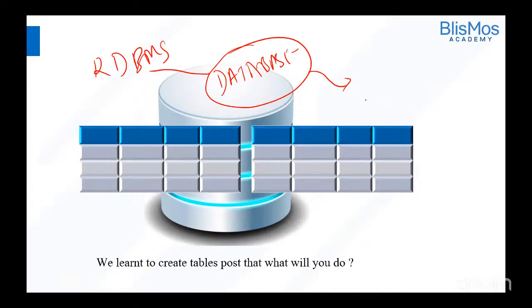Tables. Yes, we have tables. In tables, what do we have? Rows and columns. Awesome. In rows and columns, what do we have? Data. Wonderful. Guys, you guys are good.